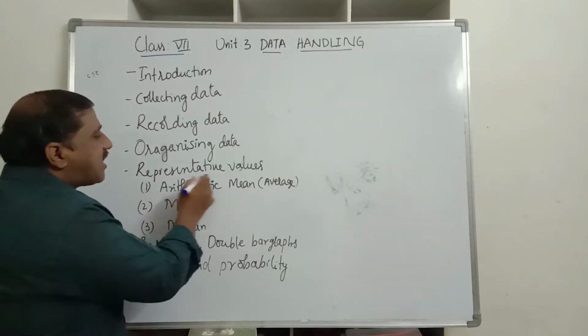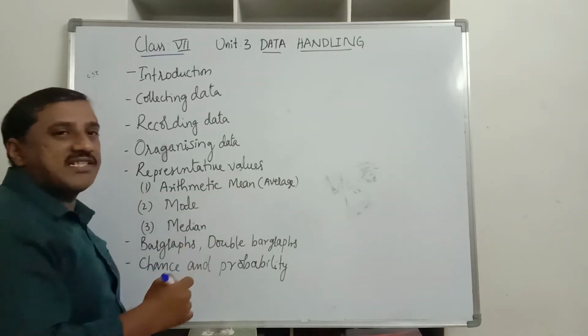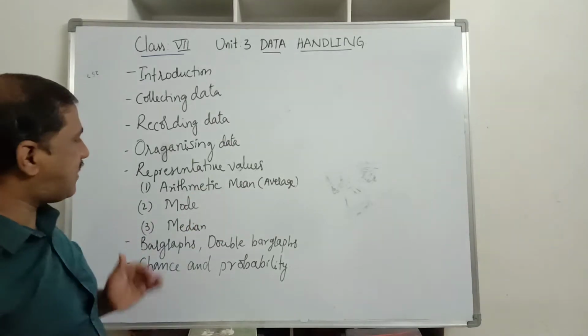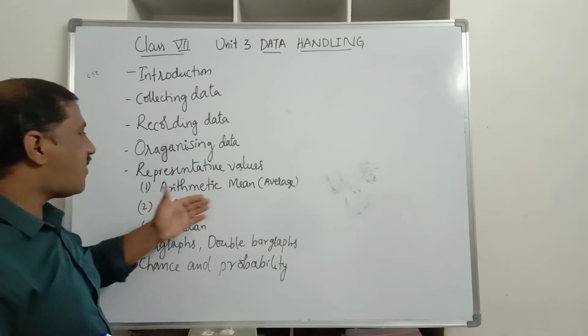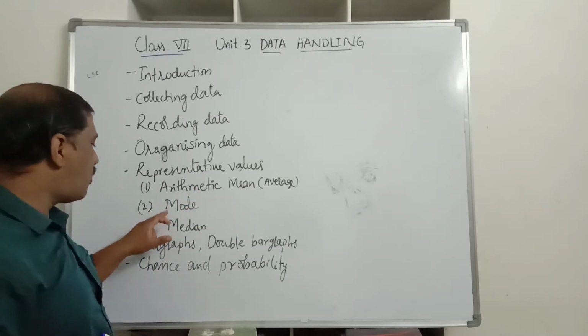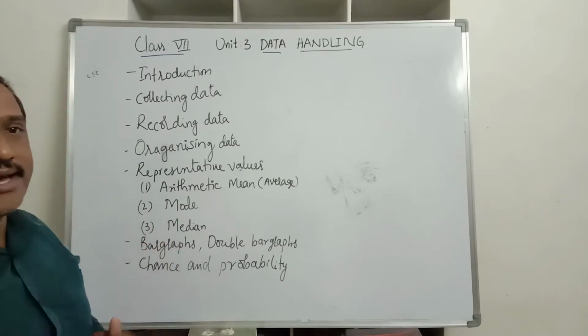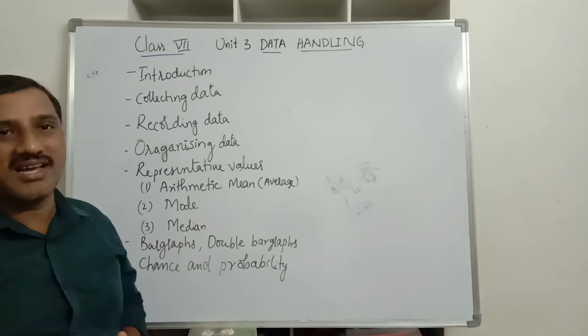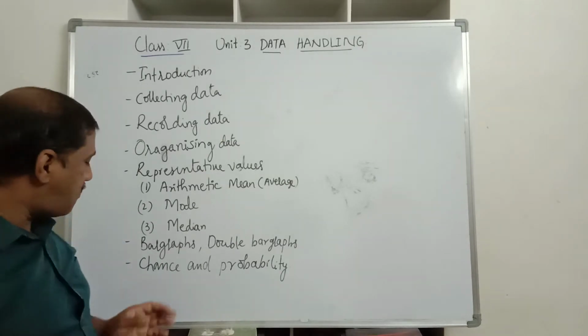It is representative values or measures of central tendency. Measures of central tendency, that is arithmetic mean, that is also known as average or simply mean, mode, median, and again graphical representation we will study here, bar graphs and double bar graphs.